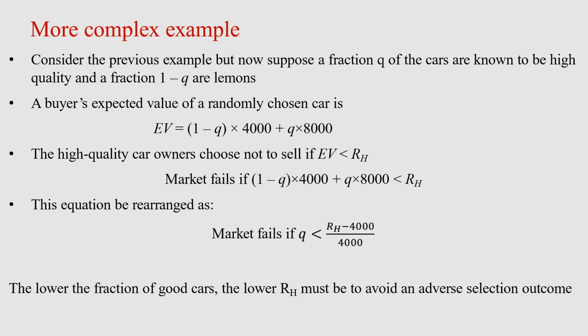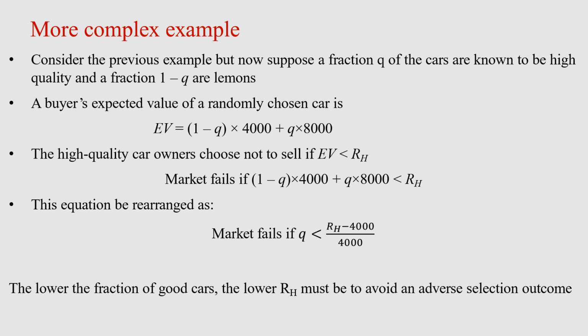So a buyer's expected value of a randomly chosen car is now given by 1 minus Q, the probability of a poor quality car, times 4,000 plus the probability of a high quality car times 8,000.